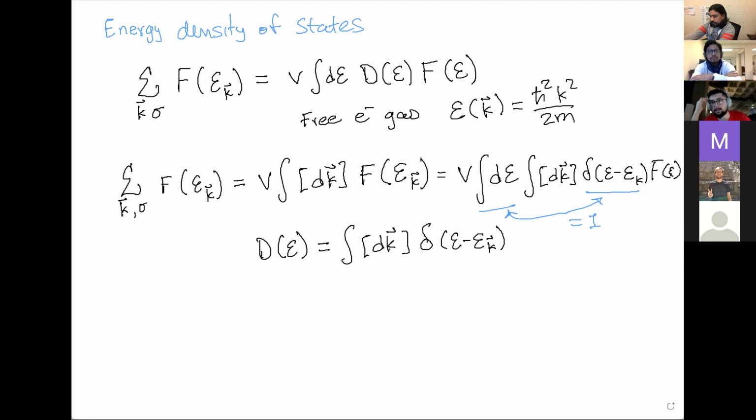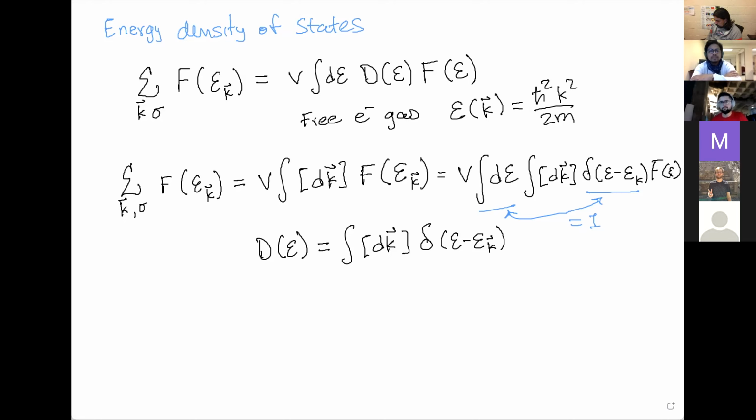I'm so sorry, for the delta, is it I or is it E or E_k? Sorry? So at E_k, that integral will go to 1, isn't it? Right, so look at it this way. I'm sticking the spotlight, there we go.